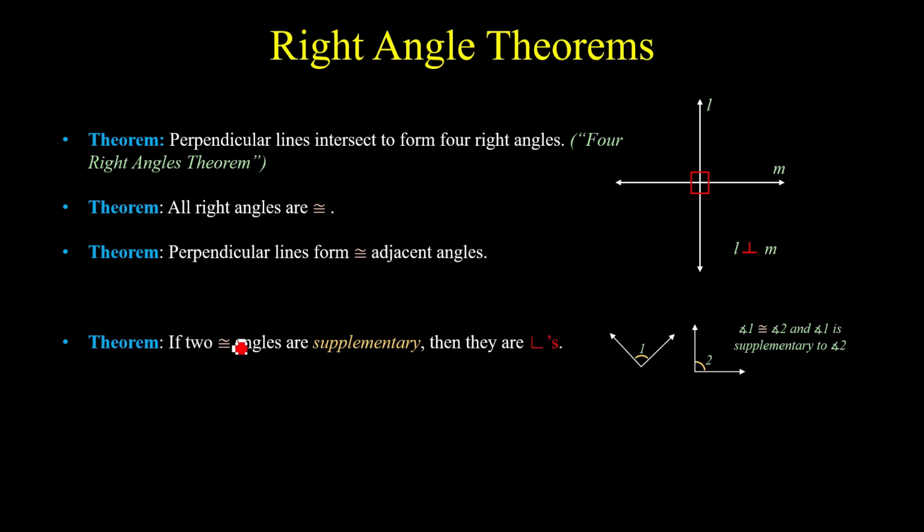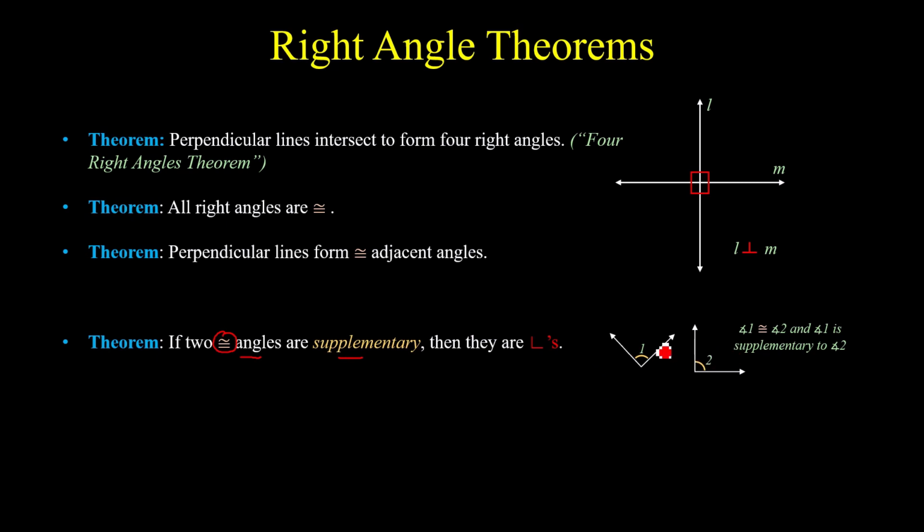So here's angle 1, here's angle 2, they're congruent to each other. That's what the little symbol over here means, that they're congruent, right? So angle 1 is congruent to angle 2, and they are supplementary. If two congruent angles are supplementary, then they are right angles.